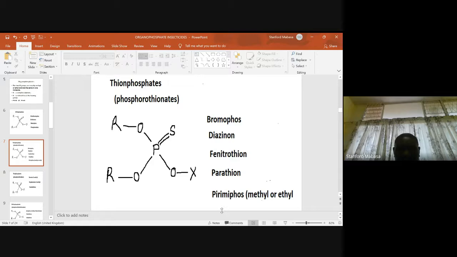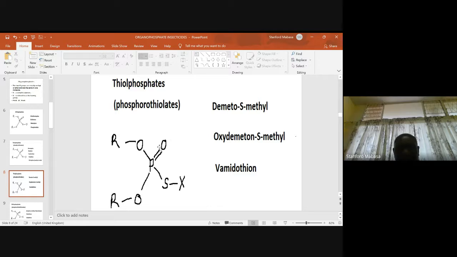Now I want you to check on this one. Here we can have oxygen, but also sulfur here. If we have such a group, this is when we have thiophosphates, or phosphorothioates.